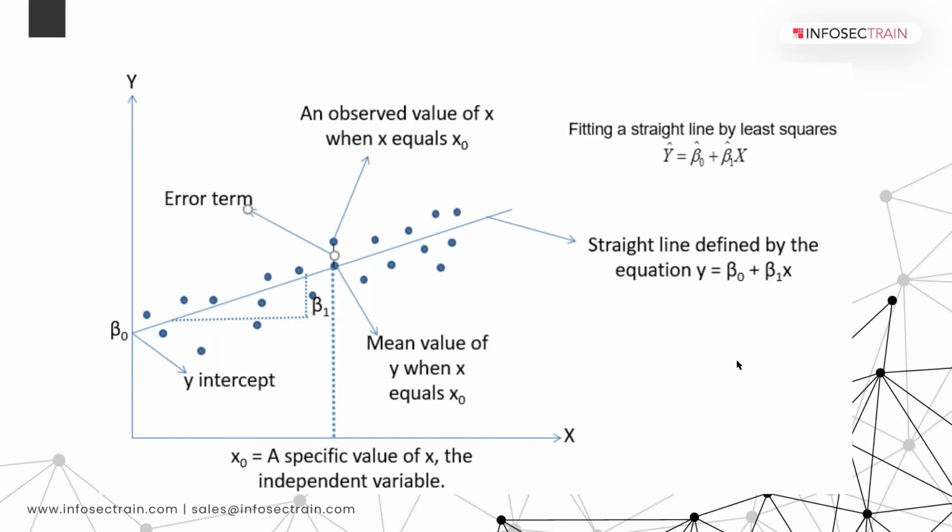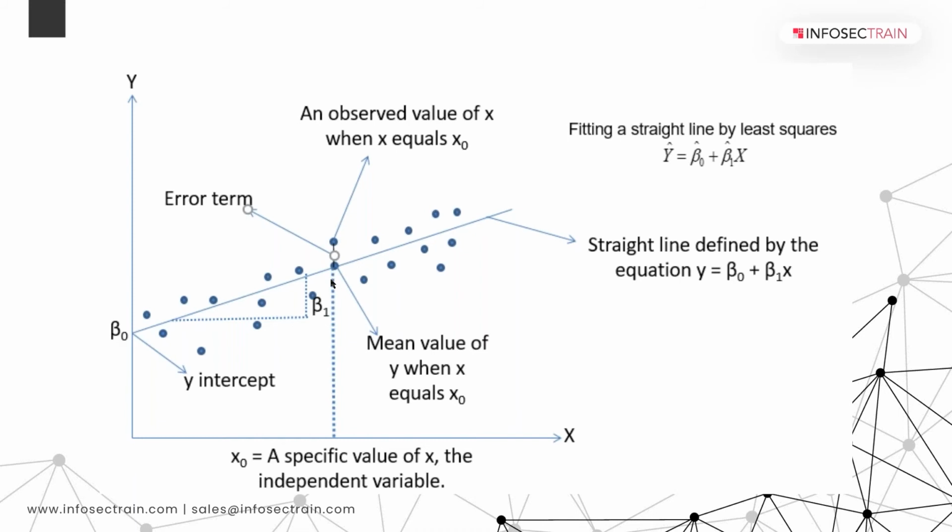And lastly, we are going to find out the error. How to find out the error? Error is nothing but the difference between the actual value, your actual data point, and the predicted data point. I created the line by using these data points. After creating this regression line, if I draw a line perpendicular to the x-axis from the original data point, this dotted line intersects the regression line at some point.